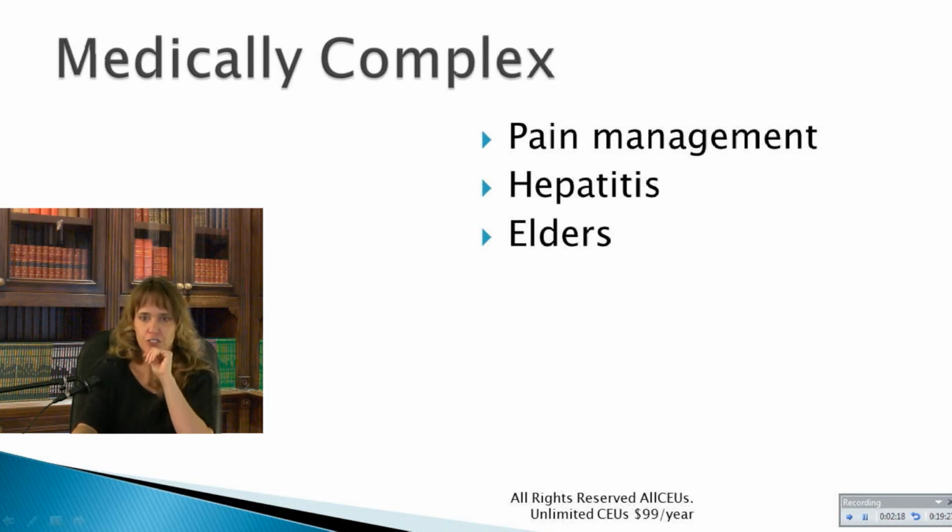And be aware in the elderly. Elderly people do not process all medications as well or the same as people who are below 65. This is crucial because certain medications, especially your stronger benzodiazepines, can build up in the liver of people who are elderly and eventually build up to a level of toxicity.